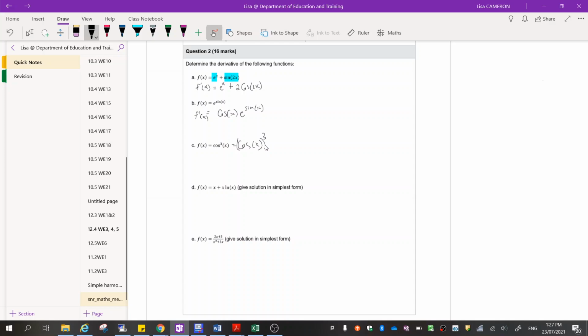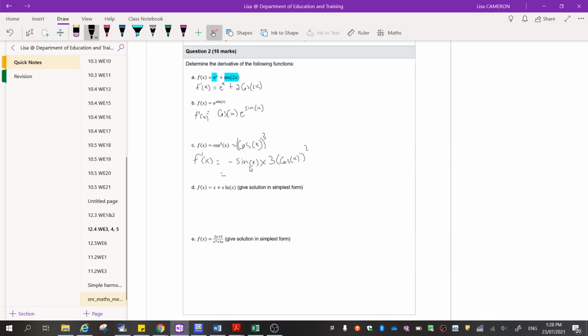Now, anytime you see that, you know we're going to be using chain rule. So chain rule is just the derivative of the inside of the bracket. So cos will go to minus sine x, derivative of the inside multiplied by the derivative of the outside. Okay, and then I just fill my equation back in there.